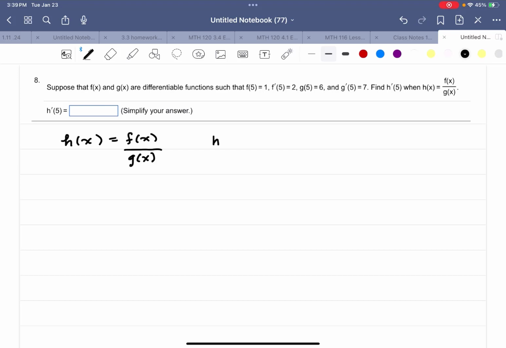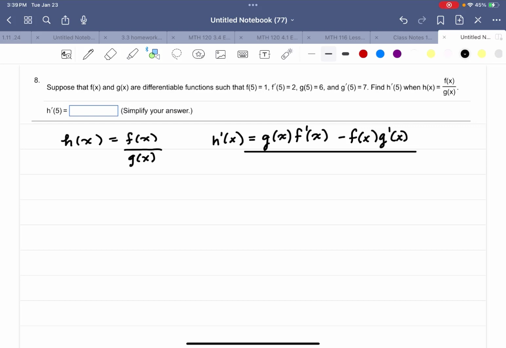Well, h prime of x is going to be the quotient rule. So we start with the denominator times the derivative of the numerator minus the numerator times the derivative of the denominator, and all of that is divided by the denominator squared.